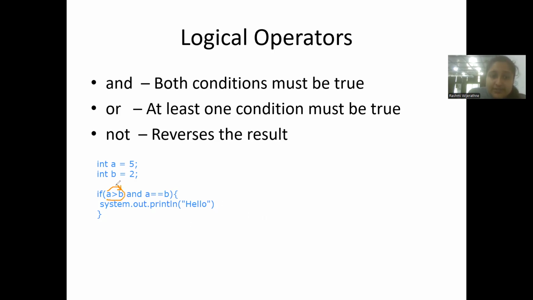This condition is true. But what about this condition? A equal B means 5 equal 2. Actually, this condition is going to be false. 5 is not equal to 2. Then this if condition is going to be terminated.